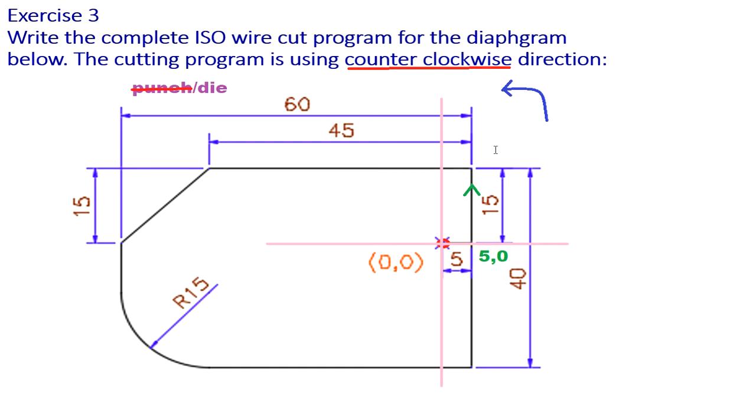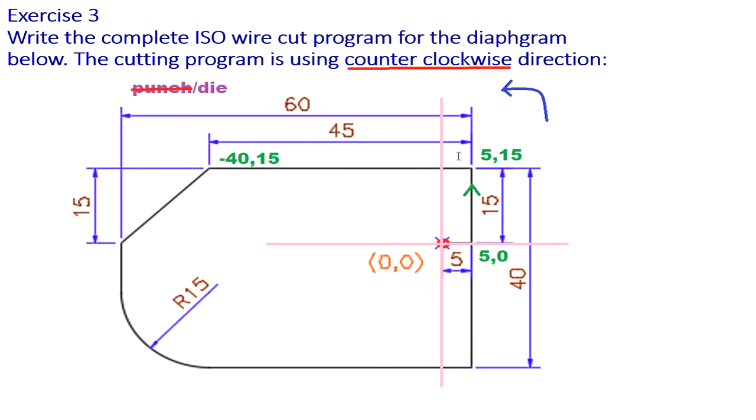So the coordinate for the third point is X5 Y15, because of the dimension here, 15. And then the coordinate here is X negative 40, Y is 15. Why negative 40?